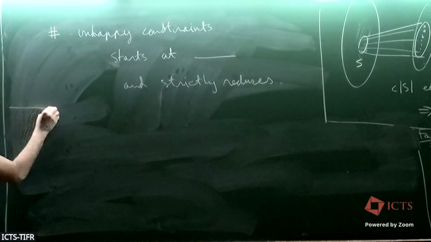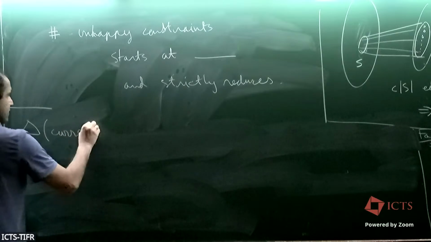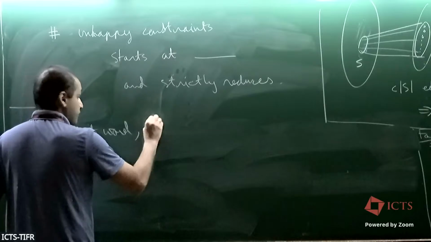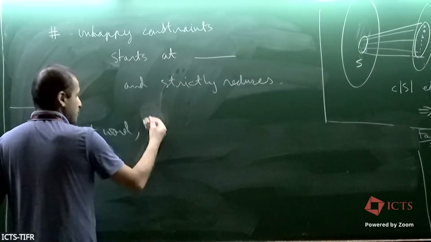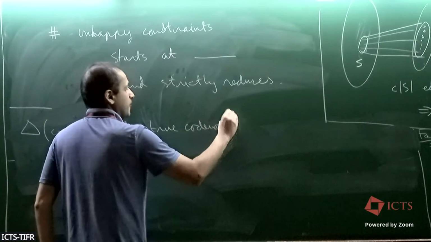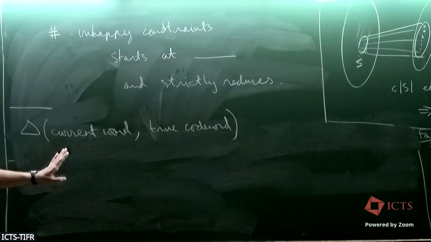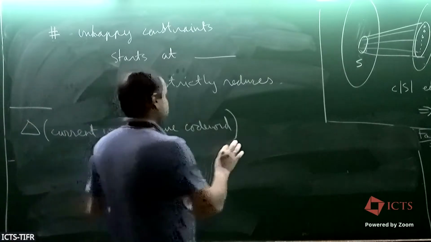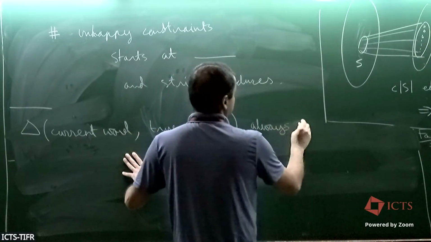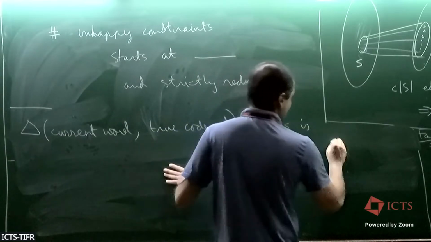On the other hand, the distance of our current word from F, the true code word, does not monotonically decrease. I'm not promising that. But this is always at most something, which is at most delta n.